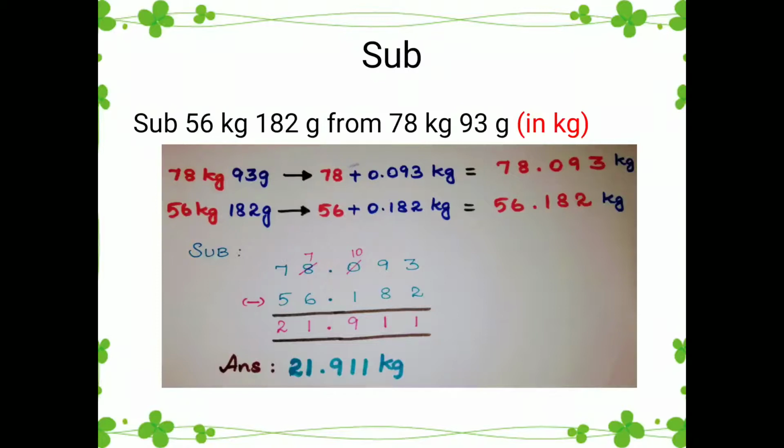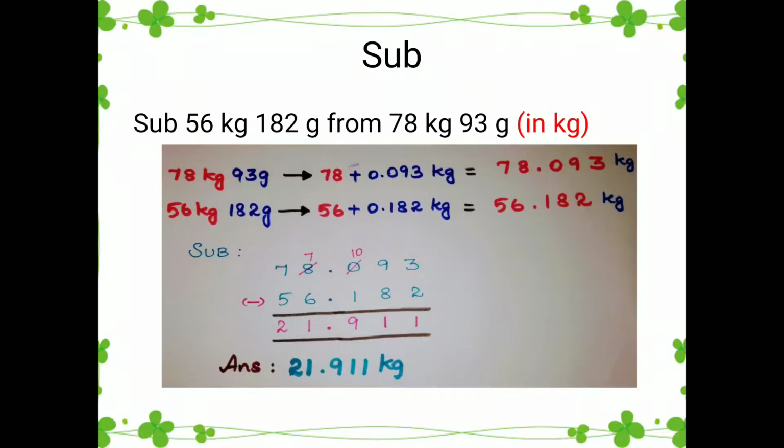So 78 kg is in kg, so just write 78, and 93 gram, you are going to convert gram to kilogram by dividing by 1000. So we will get 0.093 kilogram. When you add 78 plus 0.093 kilogram, you will get 78.093 kilogram.